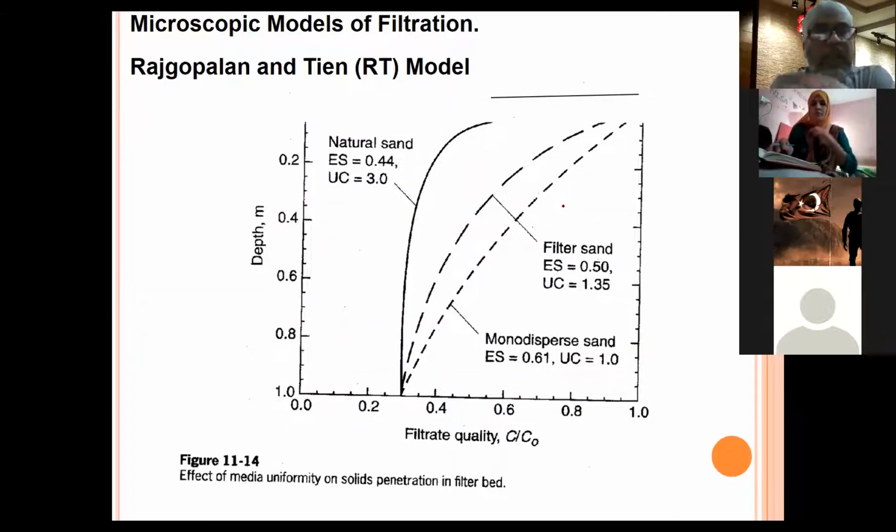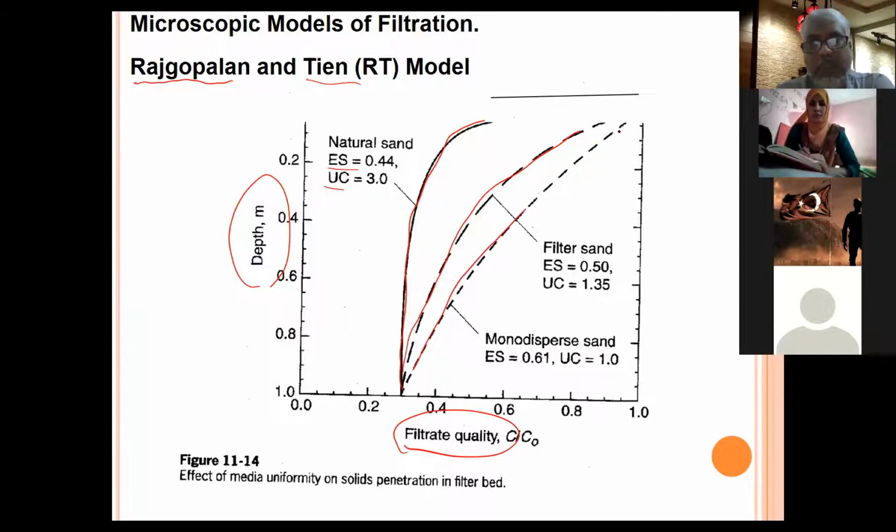This model was developed by Rajagopalan and Tien, which we call the RT model, which talks about filtration depth and filtrate quality. You can see that for different effective sizes and uniformity coefficients, they can have different curves.